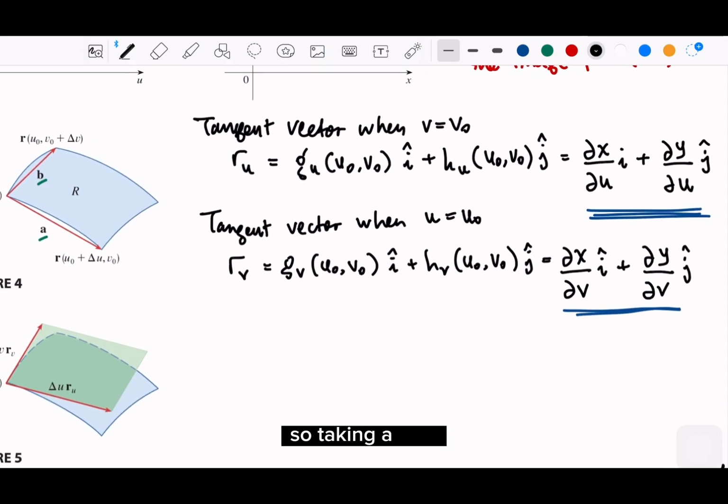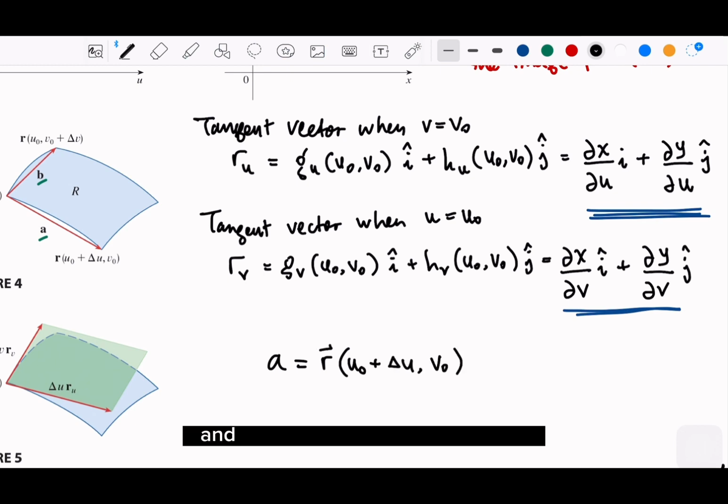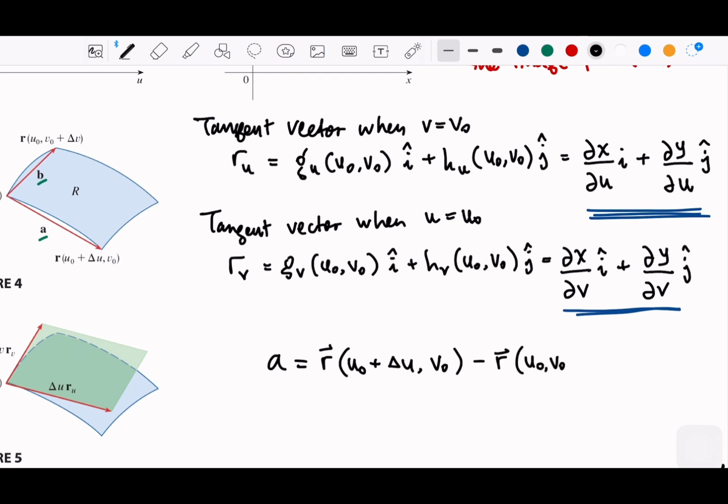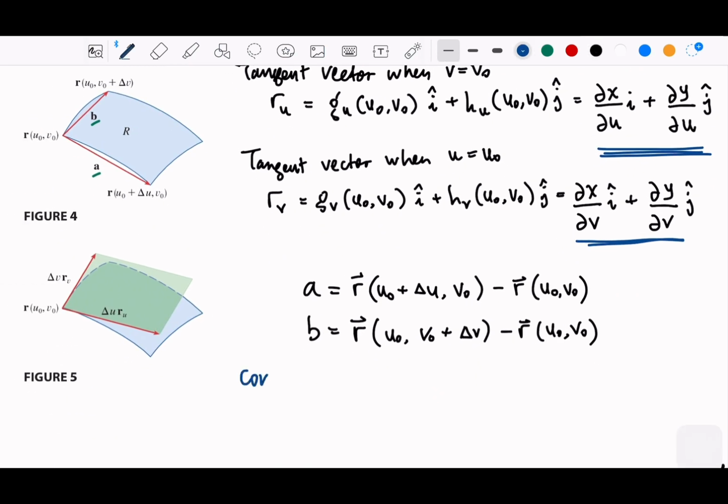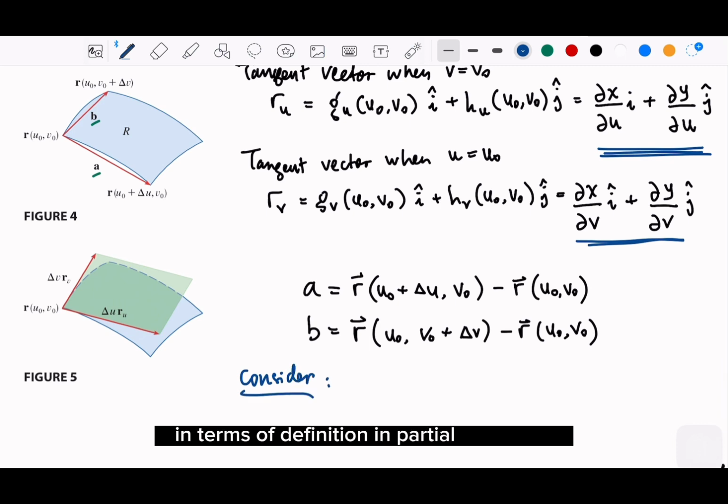Taking A as R minus the initial position, also B, and then considering it in terms of the definition of the partial derivative.